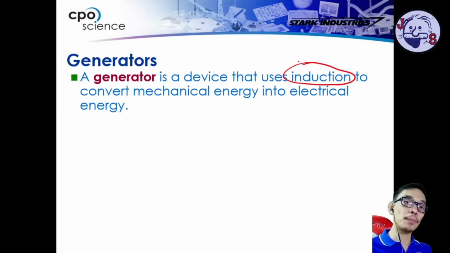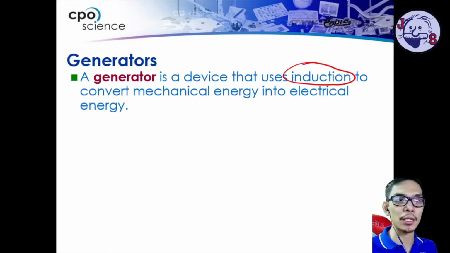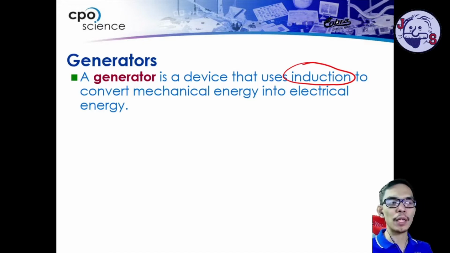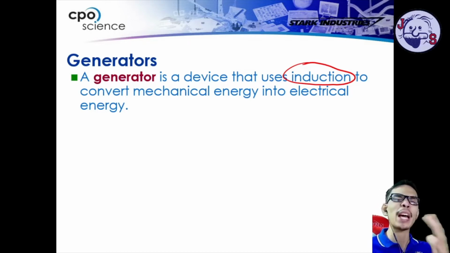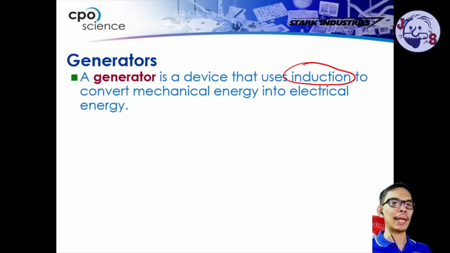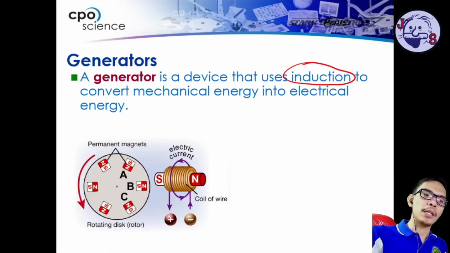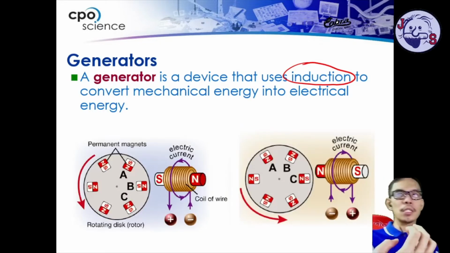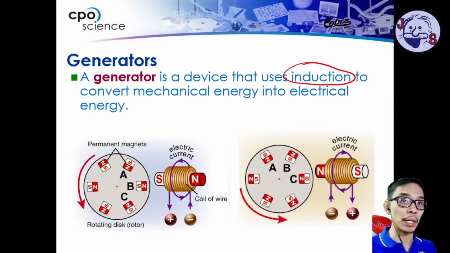A generator is very important in our modern world today because it generates electricity. The electricity that we use every day in our homes and in our tasks is coming from a generator that converts mechanical energy from other raw materials into electrical energy. As we discussed, the generator works using the electromagnetic induction process.